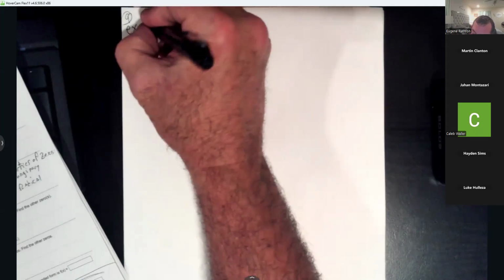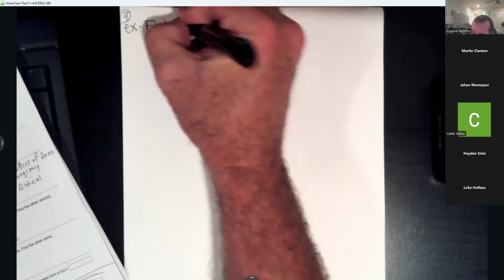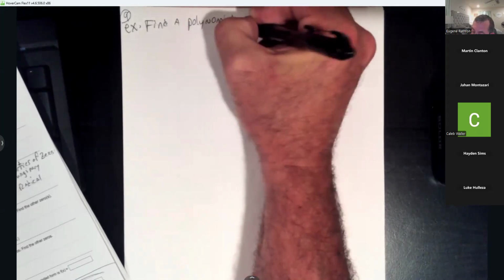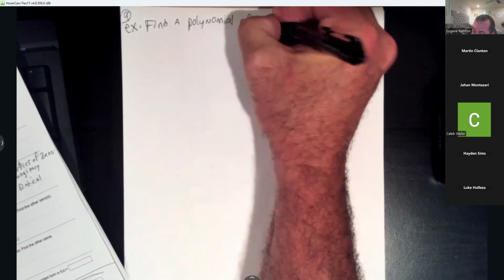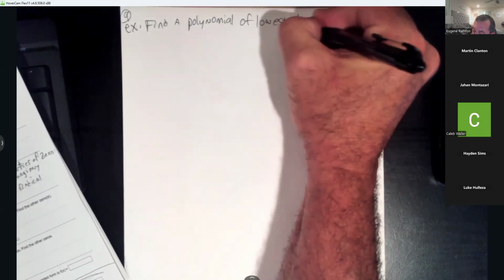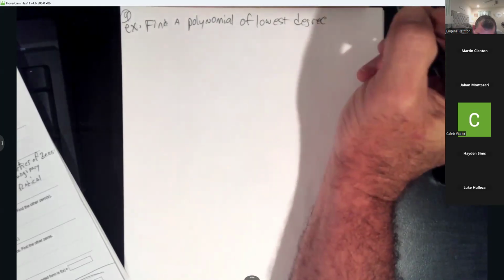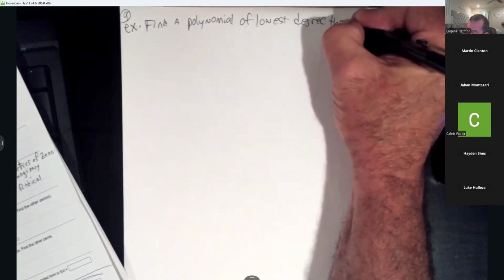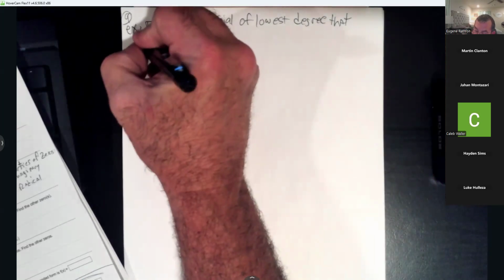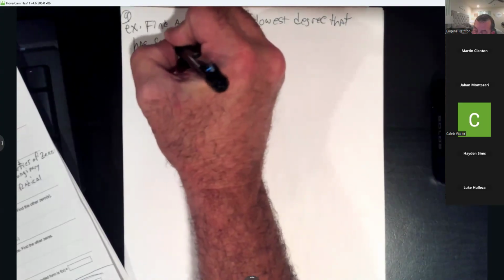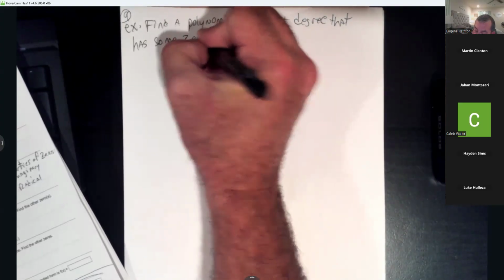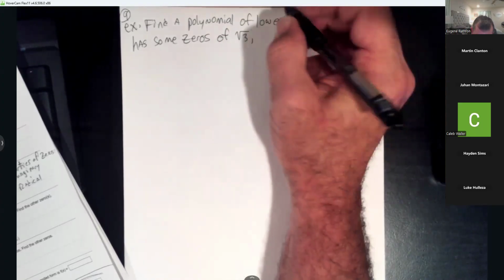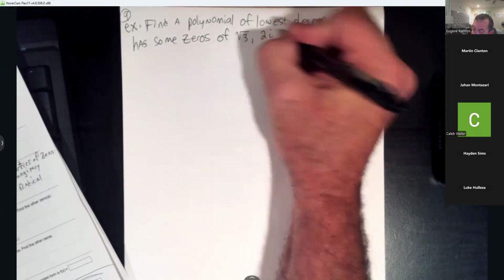Find the polynomial of lowest degree that has some zeros of a square root of 3 and a 2i.